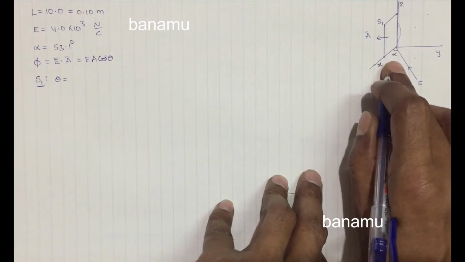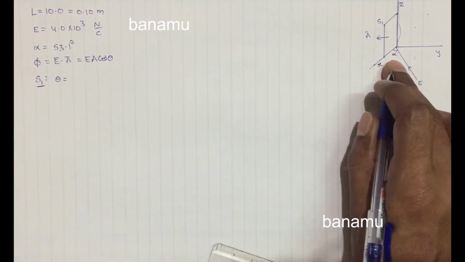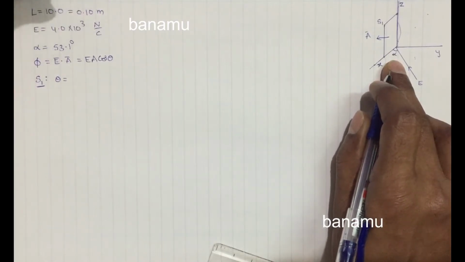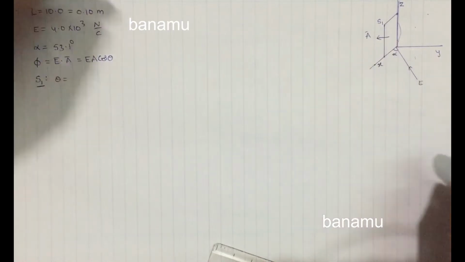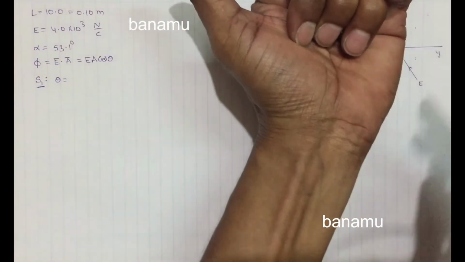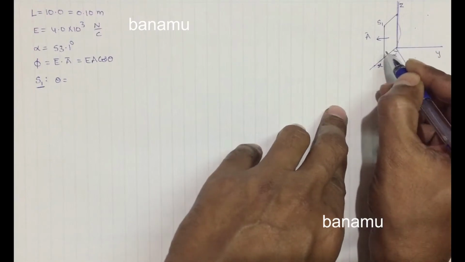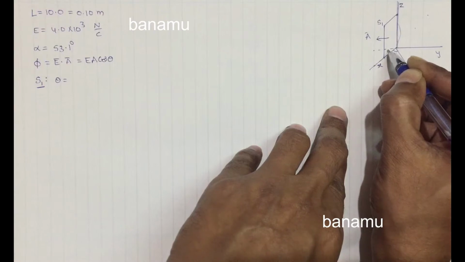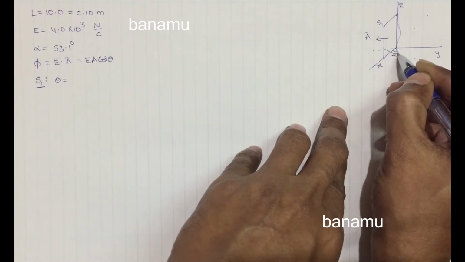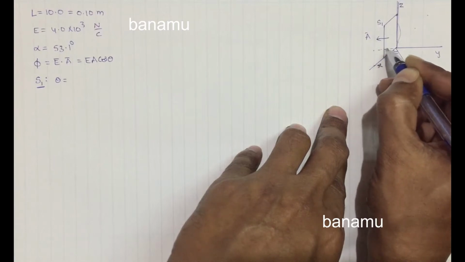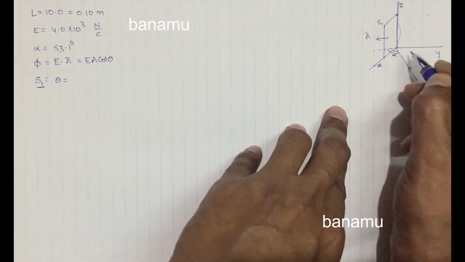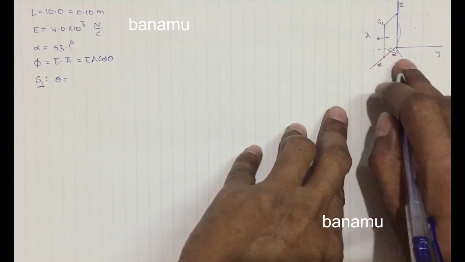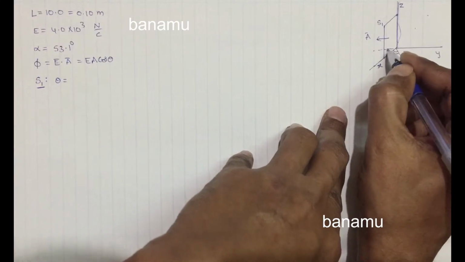We can draw the angle between the electric field and the area unit normal vector. This is the area unit normal vector, and the angle between this line and the electric field is theta.